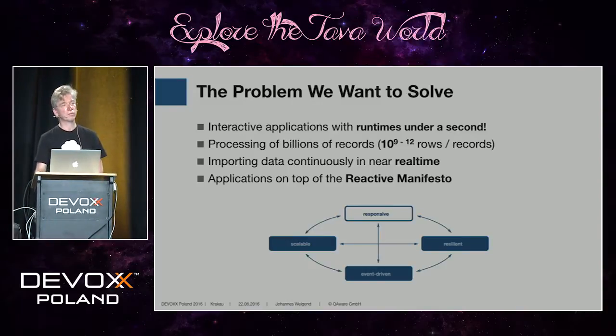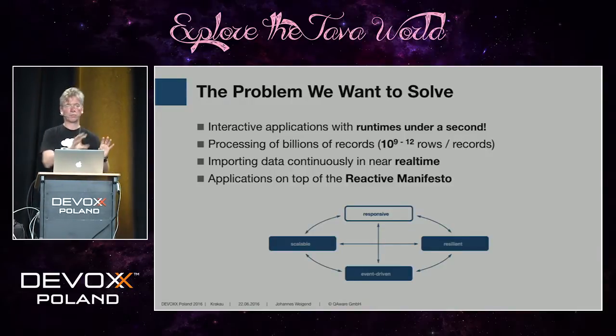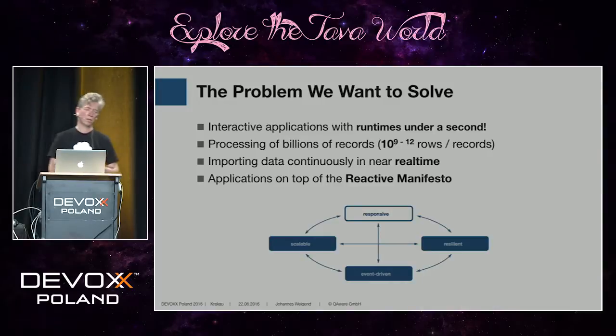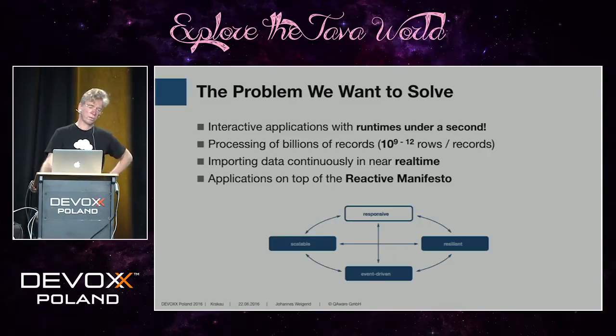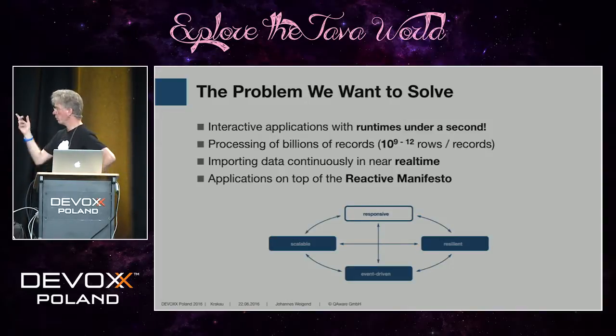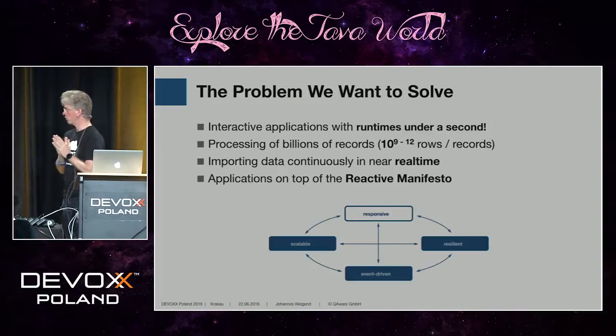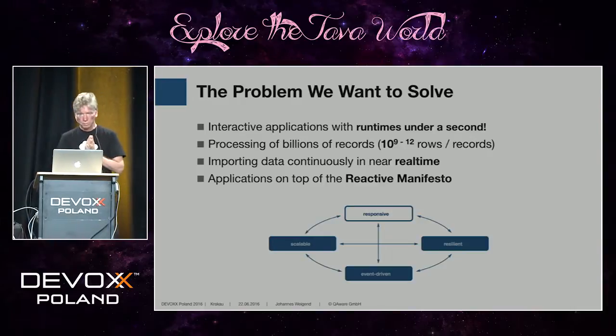We want to have scalable applications to give the opportunity of horizontal scaling. And we want to have responsive applications, which mostly means they have to be asynchronous. And in the reactive manifesto, it's called event-driven.